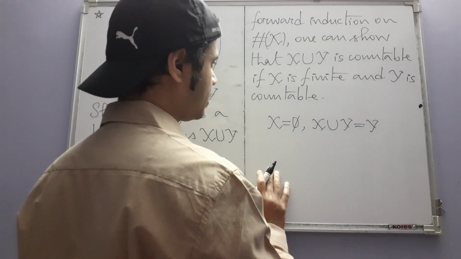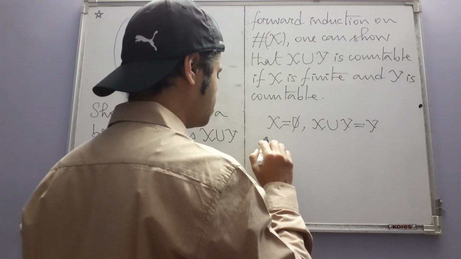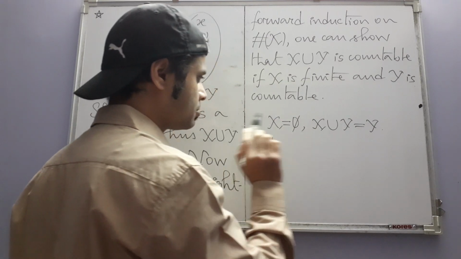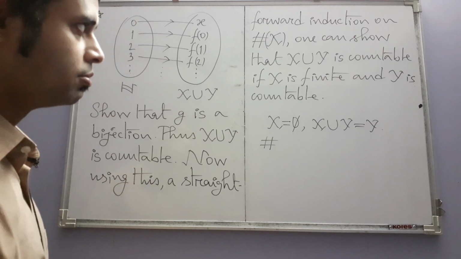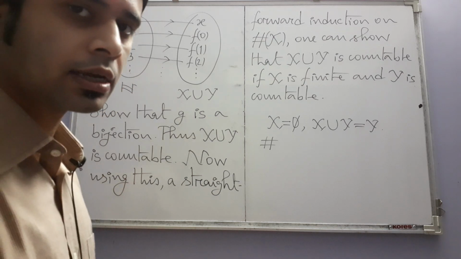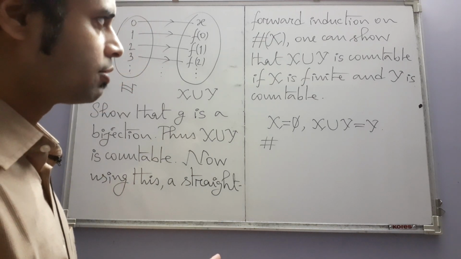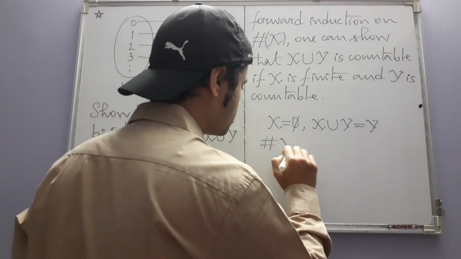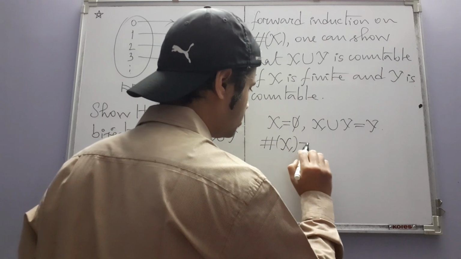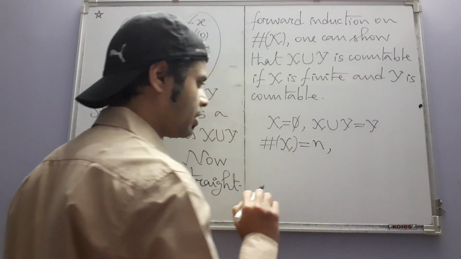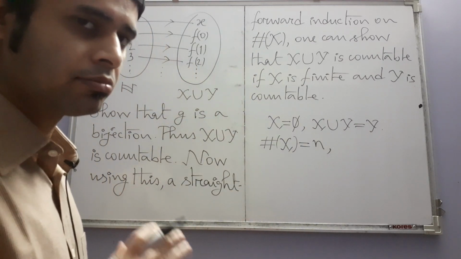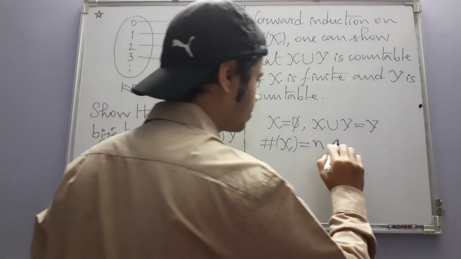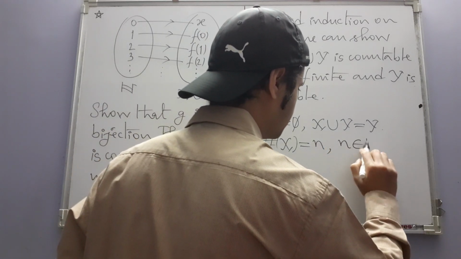Then as induction hypothesis, you assume that this statement is true for any sets X and Y where Y is countable and X is a finite set whose cardinality is N, where N is some arbitrary but fixed natural number.